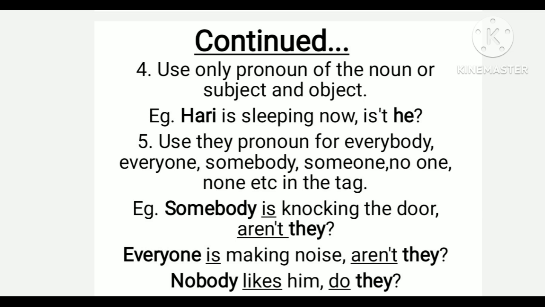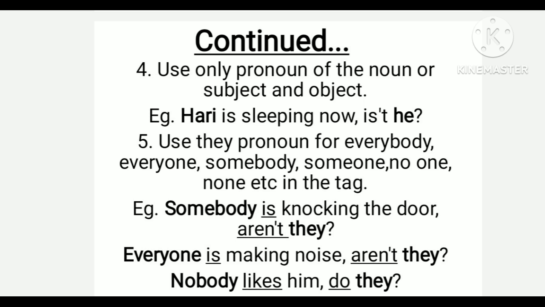So for both, for plural persons, we should use they, and we can give the example also in a real situation. If there can be Ram or Sita, then he plus she is equal to they. This is my own rule made. Everyone is making noise, aren't they?